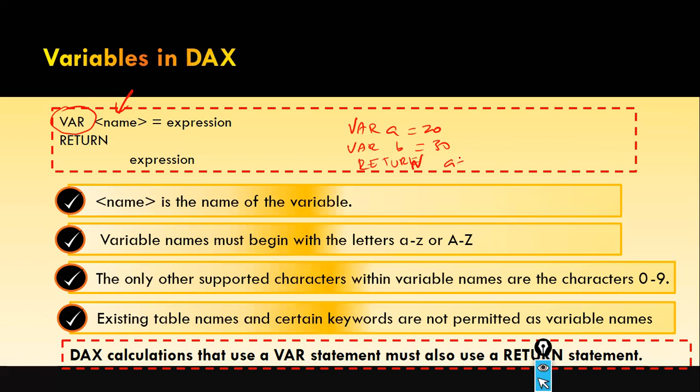What I do is return a plus b into 10, something like that. You can specify the expression here also. Or you can define it like var a is equivalent to 20, and var b is equivalent to a plus 10, and return b.